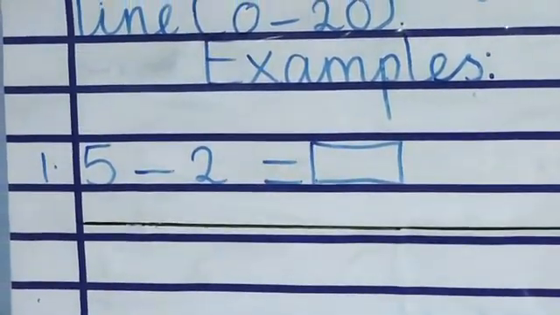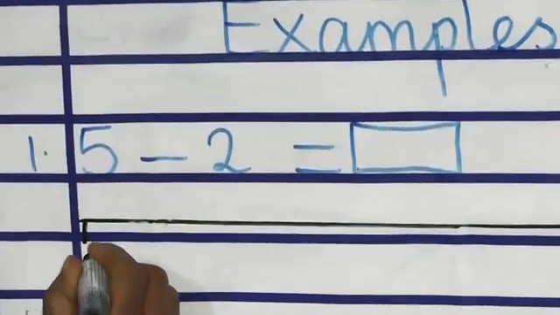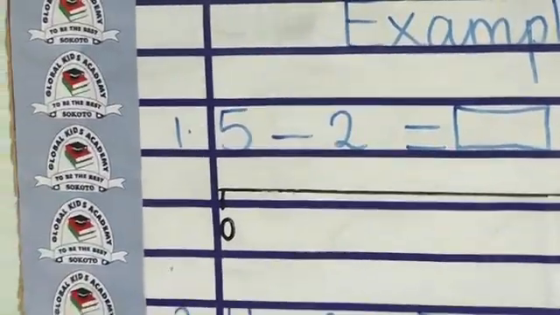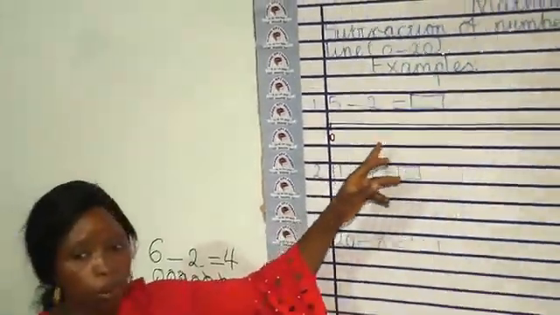Now you're going to start with 0, okay? Beneath your line, you have your 0, and make sure you leave a very good equal spacing between numbers, okay?